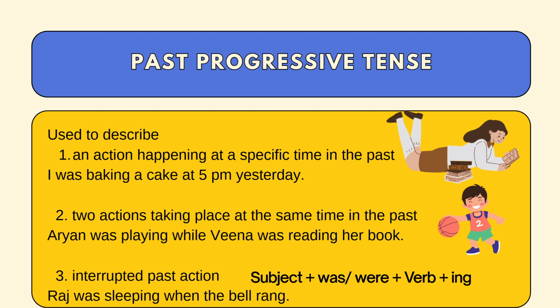So, Raj was sleeping, he was doing that, but suddenly it got disturbed when the bell rang at that moment. So Raj was sleeping is the action that was going on first. And the action that took place after that, the second action, there we use simple past tense. See, Raj was sleeping is past progressive tense and it got interrupted by another action. There we use simple past tense, which is when the bell rang.